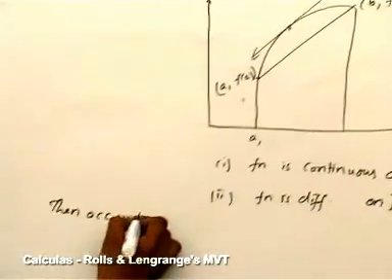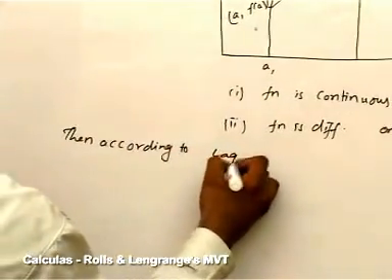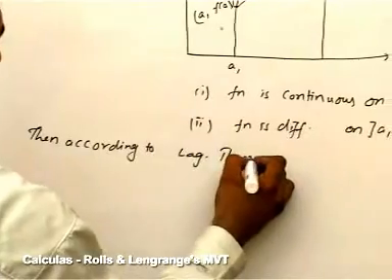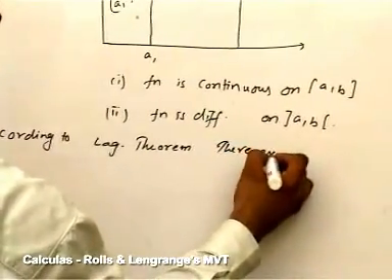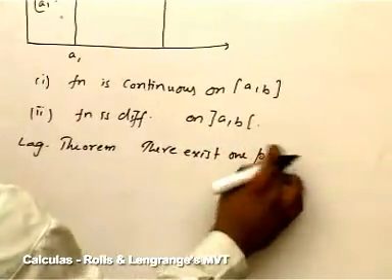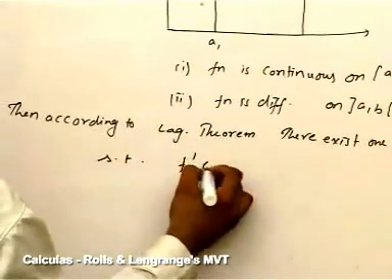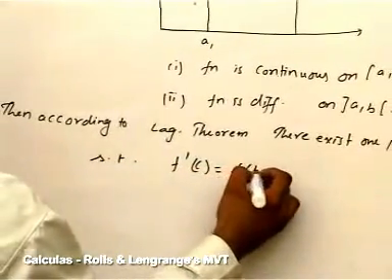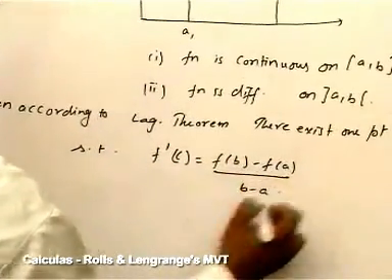According to Lagrange's theorem, there exists one point C such that f dash c equals f(b) minus f(a) over b minus a.